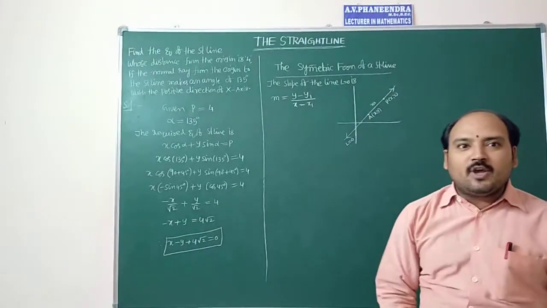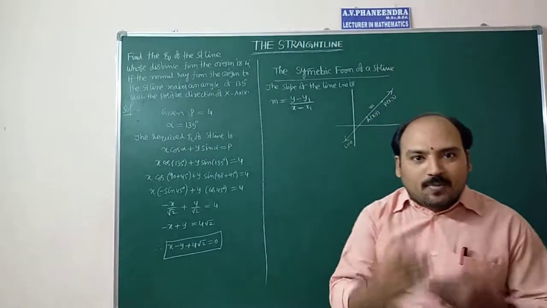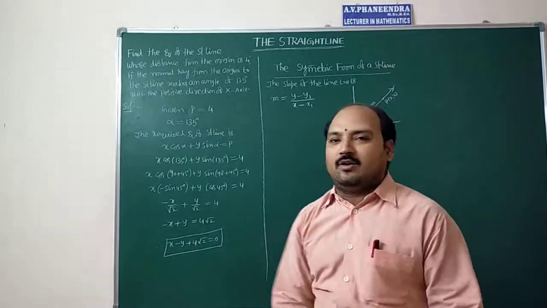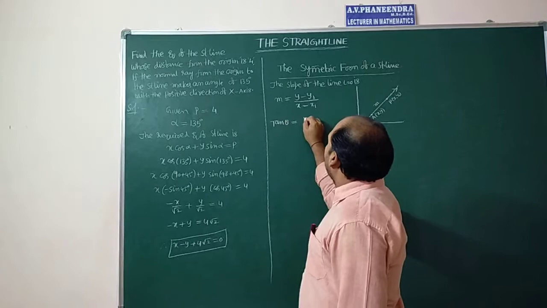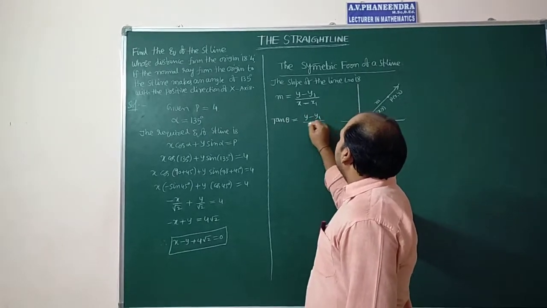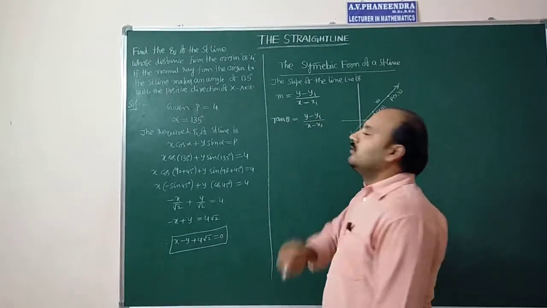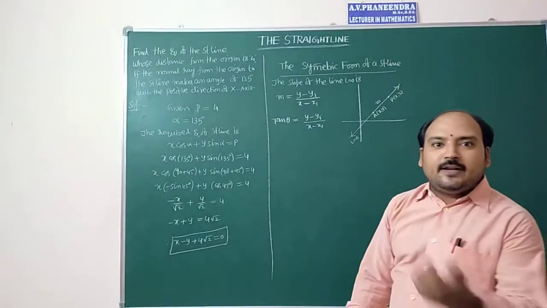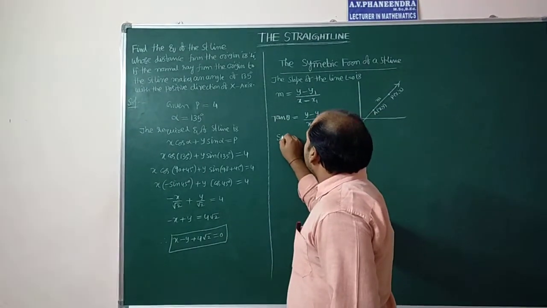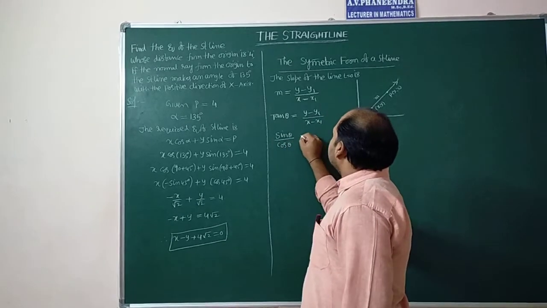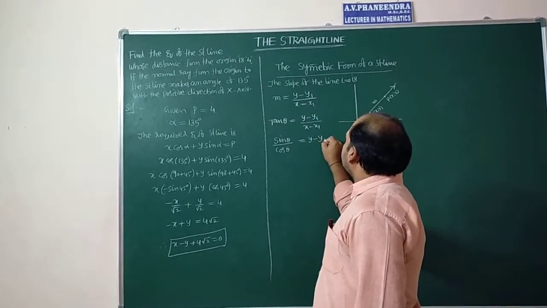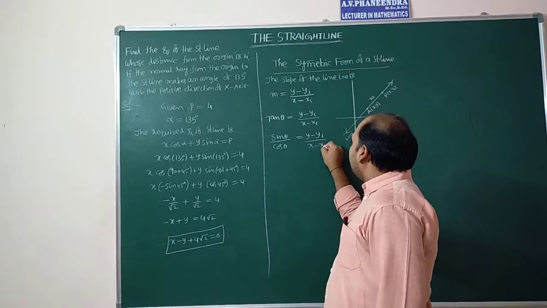What is the value of m? m means the slope of the line. The slope of the line is denoted by tan theta. So tan theta is equal to y minus y1 by x minus x1. Tan theta can be written as sin theta by cos theta. So sin theta by cos theta is equal to y minus y1 by x minus x1.